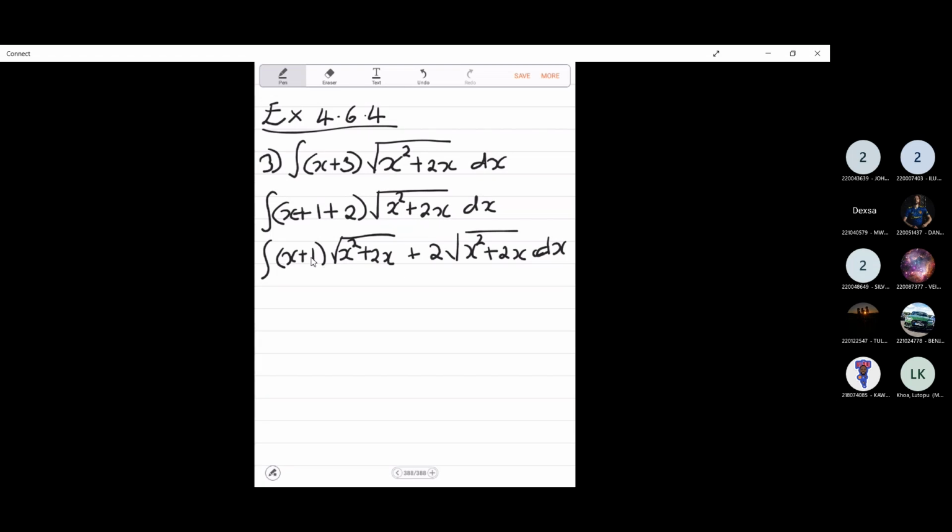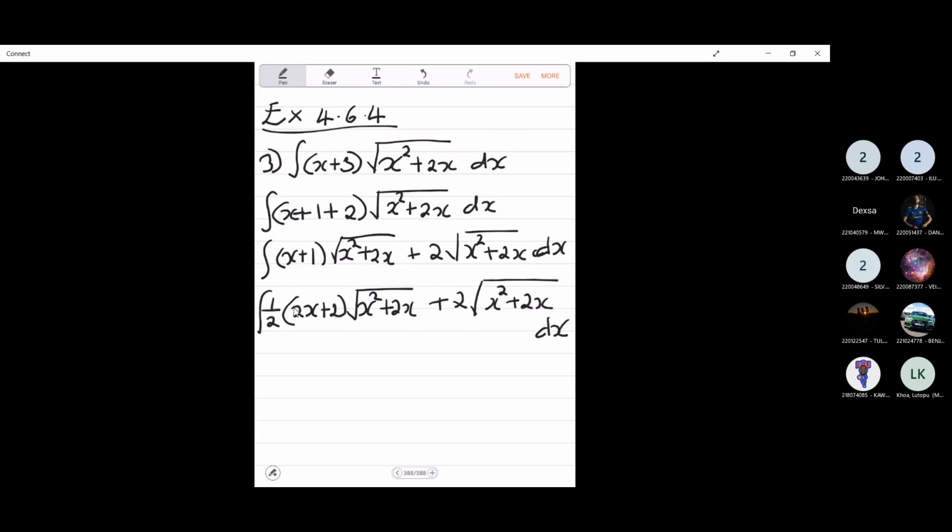So I need a 2 here and a 2 there, so I multiply by 2, and then there's a half outside. So this is the integral of a half times 2x plus 2 over the square root of x squared plus 2x, plus 2 over the square root of x squared plus 2x, and then my dx at the end.